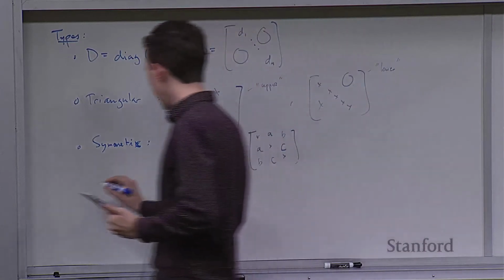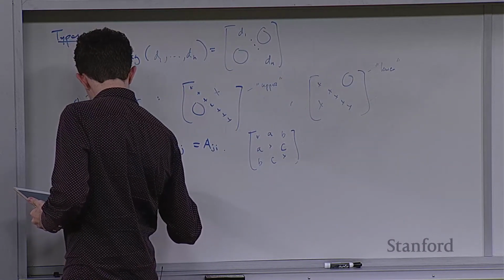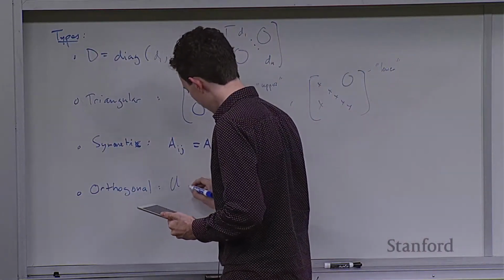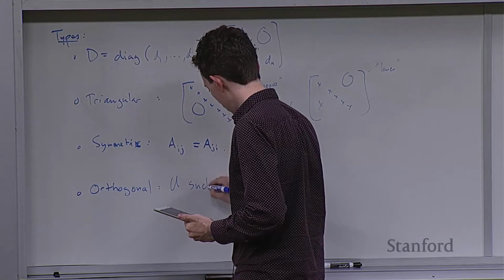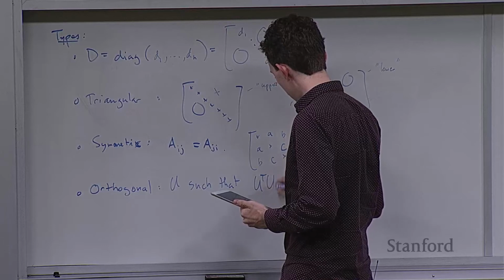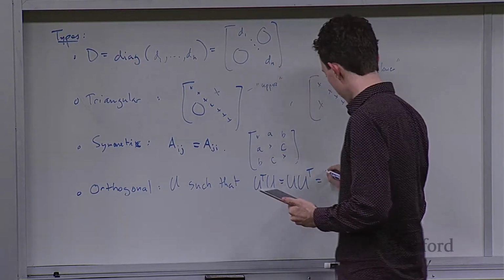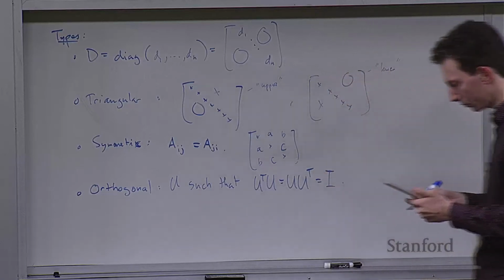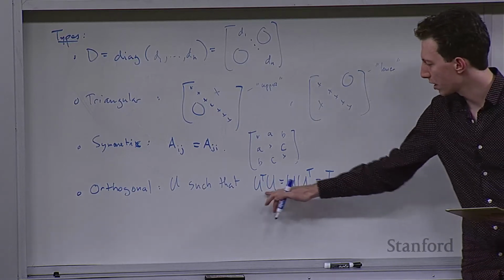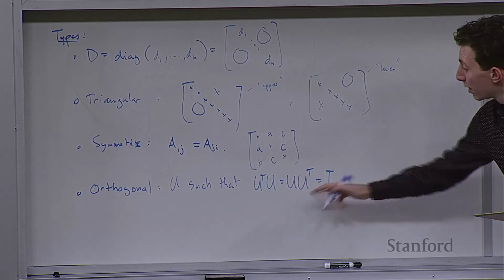Finally, an orthogonal matrix is a matrix U such that U transpose U, or U U transpose, is the identity. Okay, so again, looking at this, we can see that U has to be square. And what does this mean?